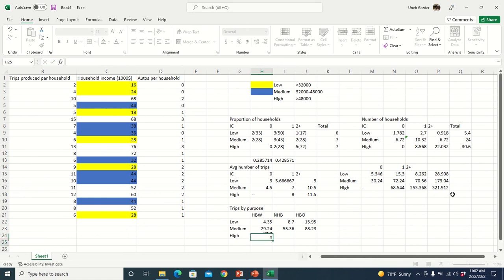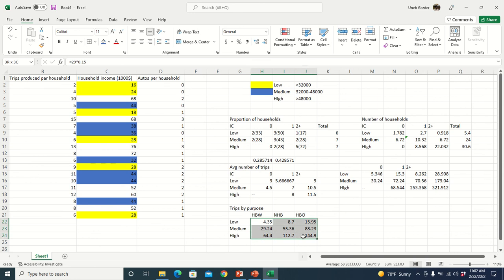So this is now the number of trips for each purpose belonging to each income category.